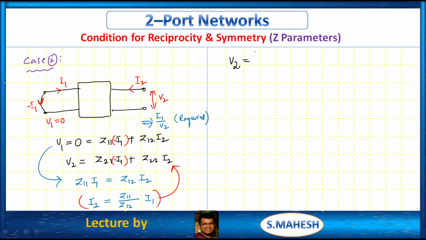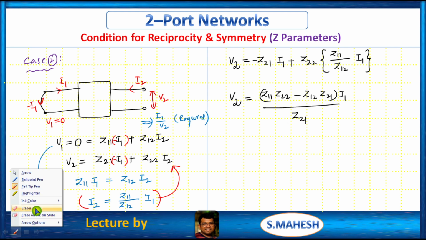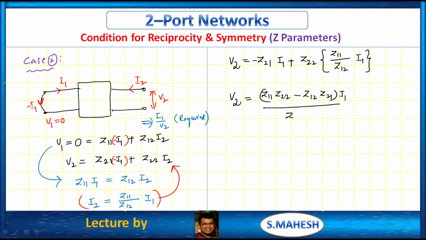Finally, what do we have? V2 equals Z21 I1 plus Z22 times I2. In place of I2 we substitute Z11 by Z12 into I1. Therefore V2 equals Z11 Z22 minus Z12 Z21 into I1 by Z12.